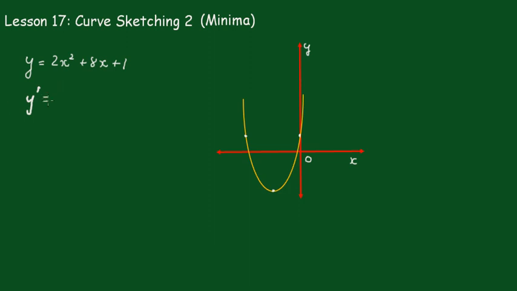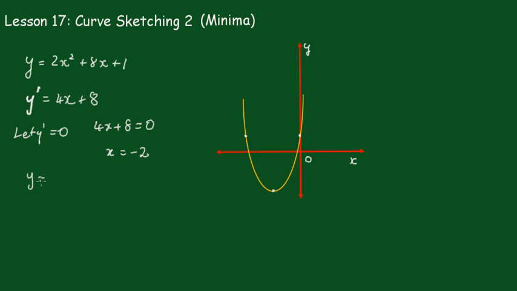Okay, equals 4x plus 8. Let y dash equal 0 to locate this point here. So I get 4x plus 8 equals 0, which makes x equal to negative 2.